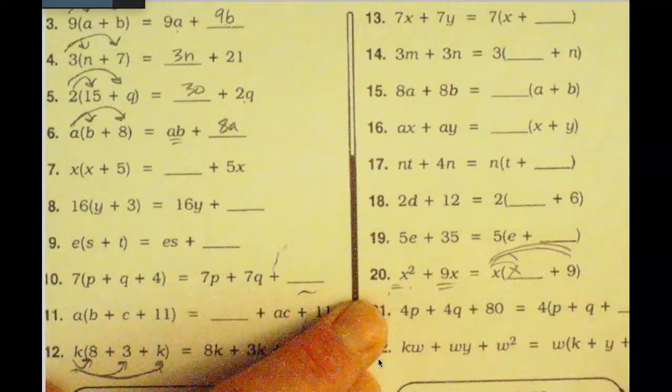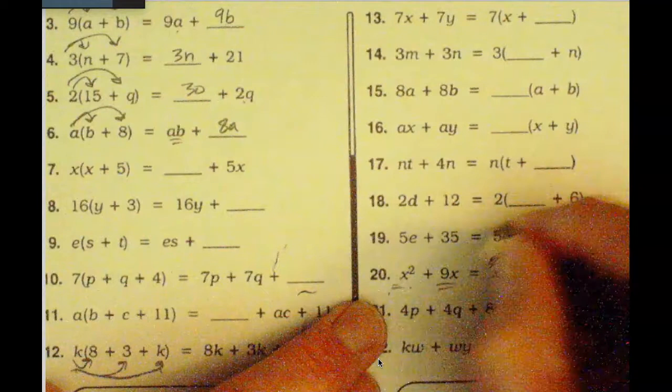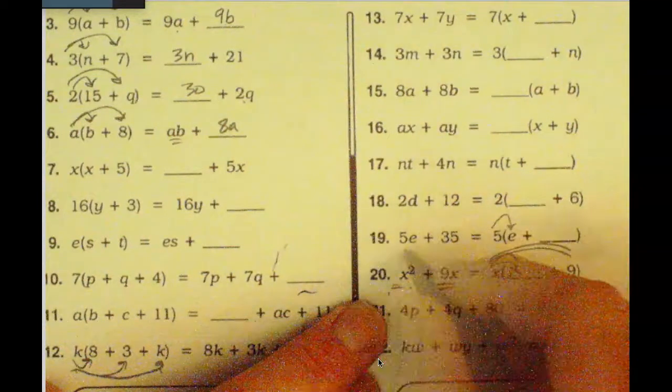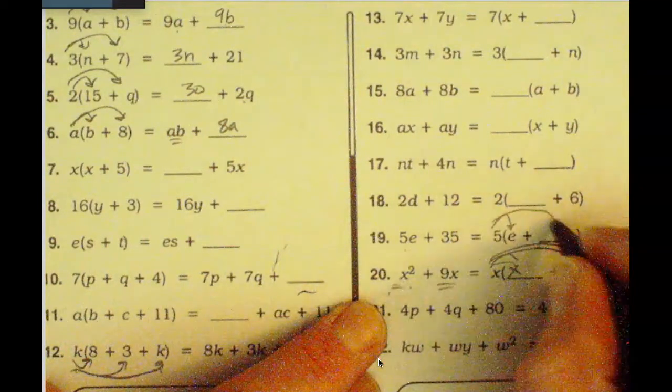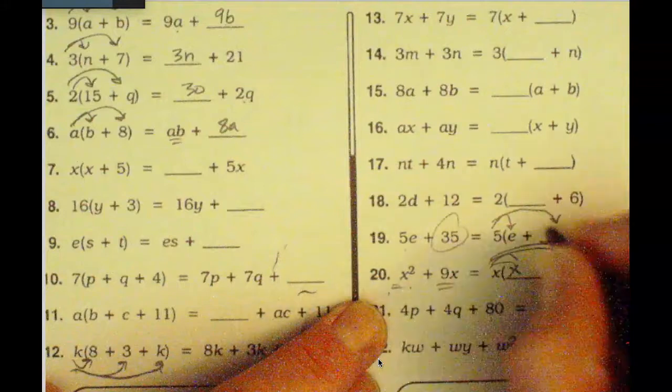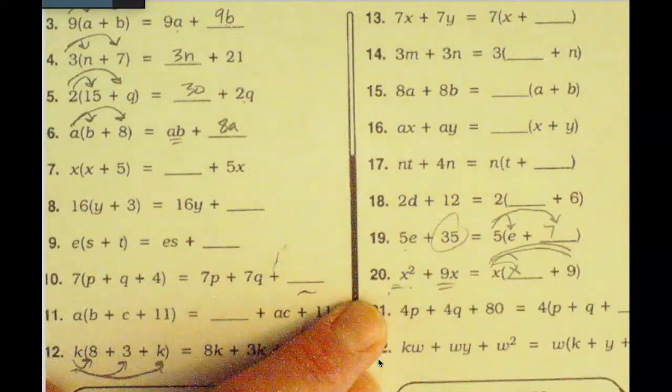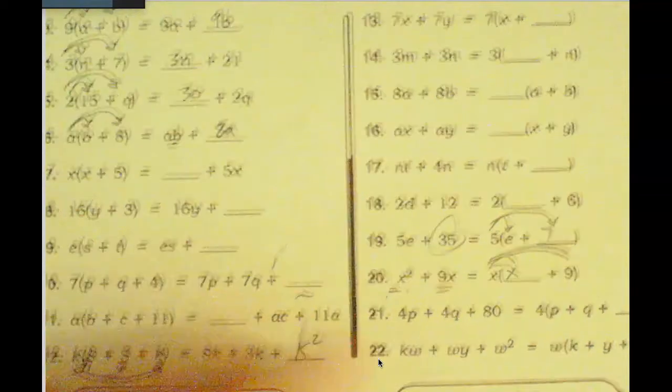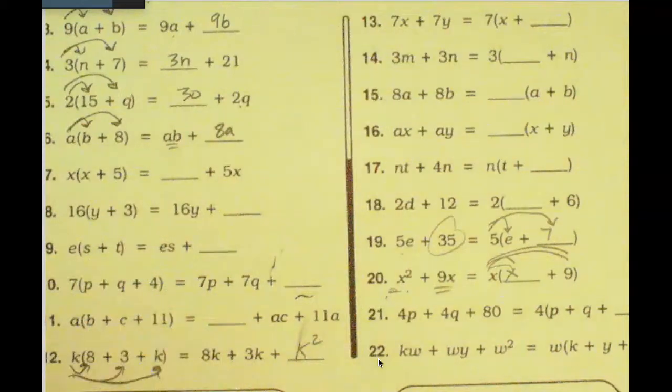Same thing here. I got my 5e, but 5 times what is going to give me that 35? Well, 5 times 7 will give me that 35. So you can always check it. I really think you need to use your arrows on this one. And of course, you can check your answers down below. I don't think you're going to have a problem with this one.